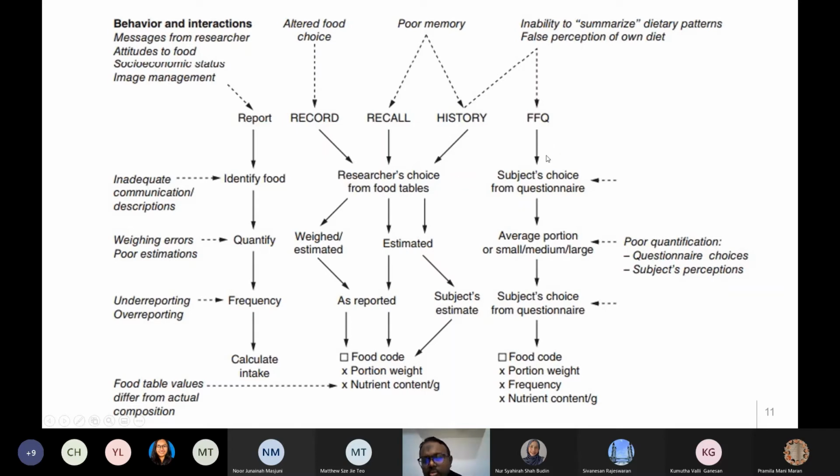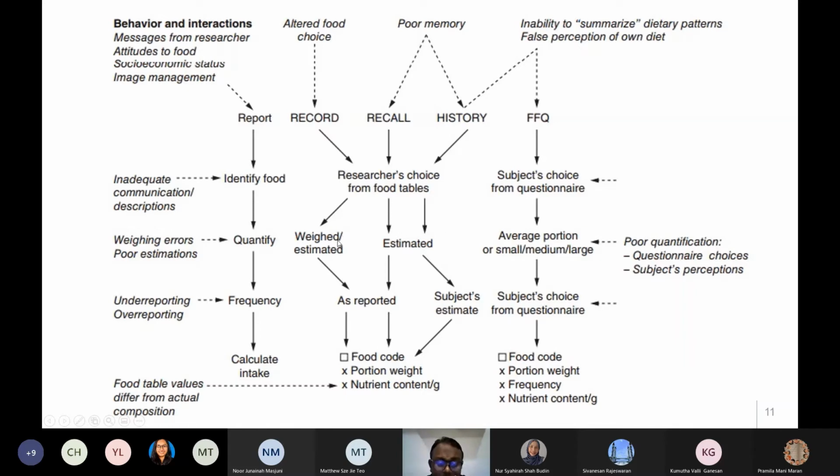Whereas for FFQ, we have listed all the foods and the food list in the FFQ cannot be changed. So it's the subject's choice from the questionnaire, which food they consume. Okay. In terms of the quantifying step, there will be weighing error or poor estimation. So whether it's weighed or estimated, this is for record, or estimated for recall and history.